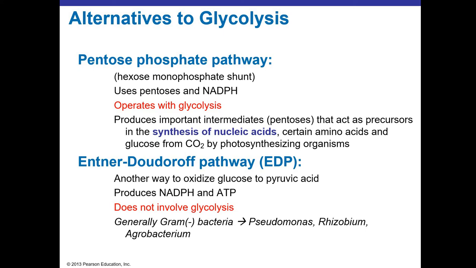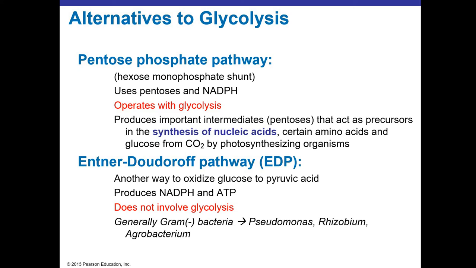This operates with glycolysis and is important in synthesizing nucleic acids. So nucleic acids are needed to make DNA and RNA, so obviously this is a very important shunt in order to make our DNA and RNA that has to operate with glycolysis, as we're using glycolysis to get energy. It's also true that certain amino acids come from this pathway as well.